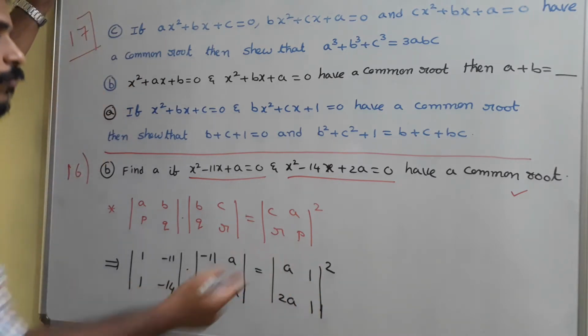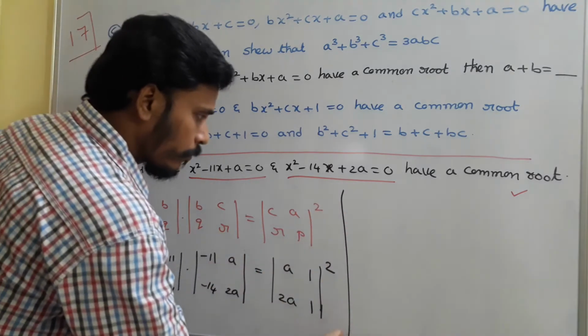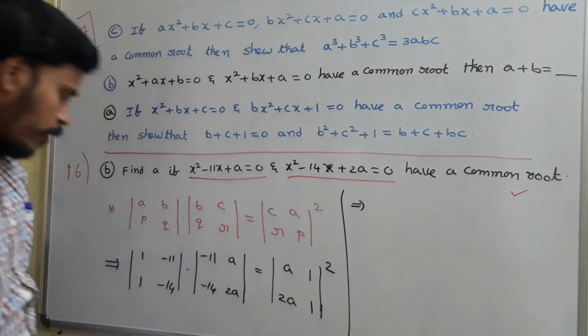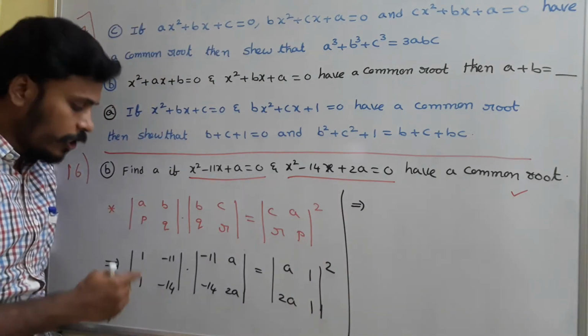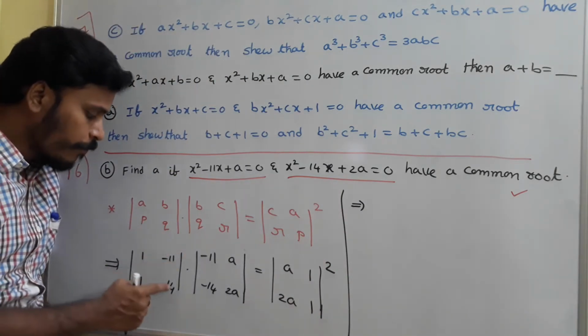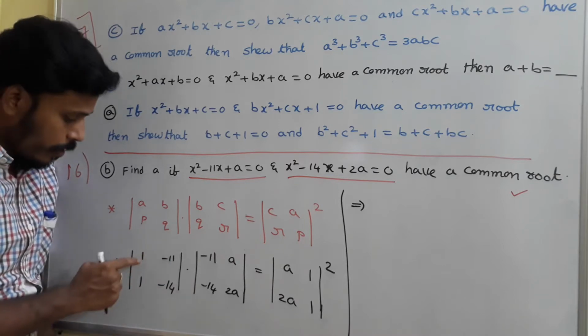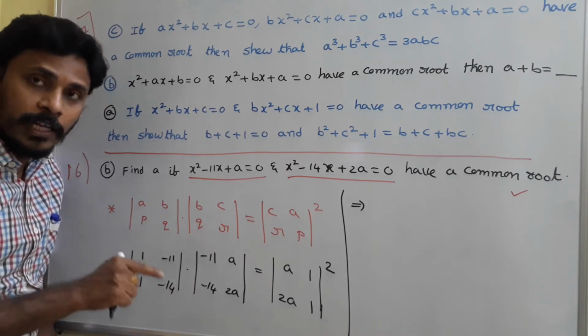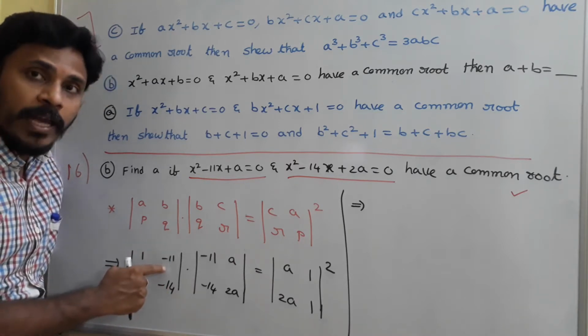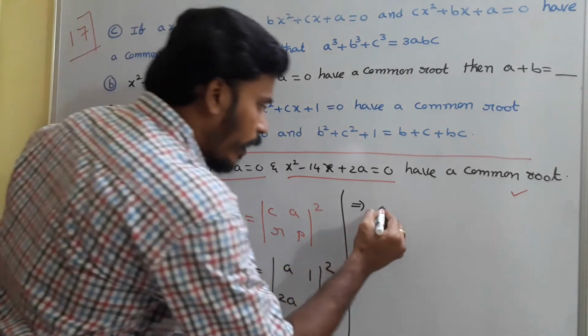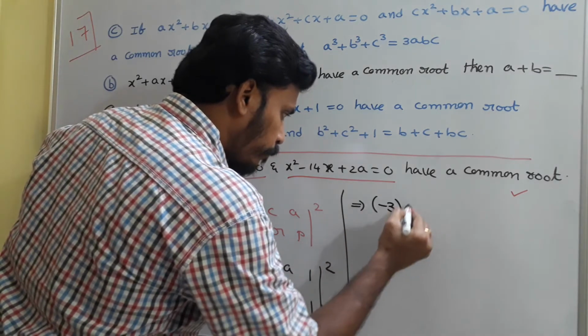Now we need to simplify this part. What is the determinant of this? As I mentioned, this determinant is simply AD minus BC. 1 into minus 14 is minus 14, minus of minus 11 is plus 11, so you get that value as minus 3.